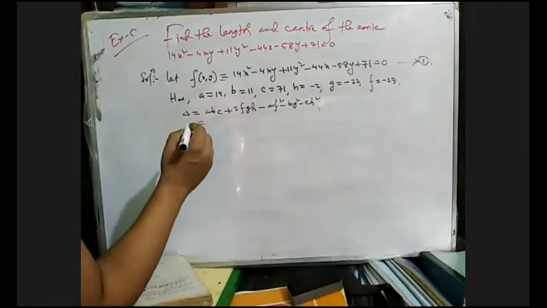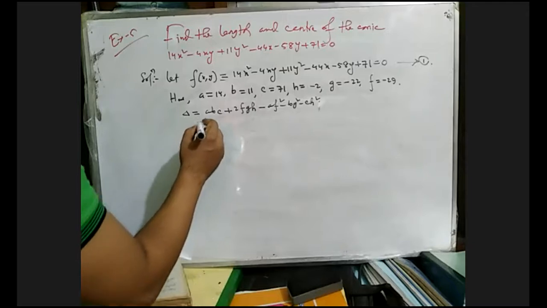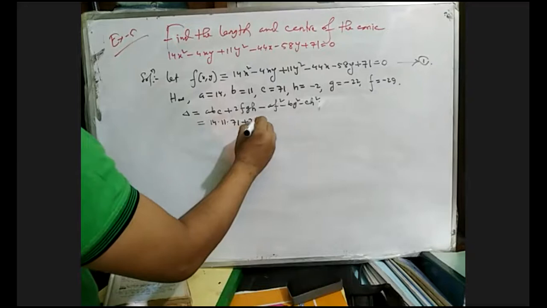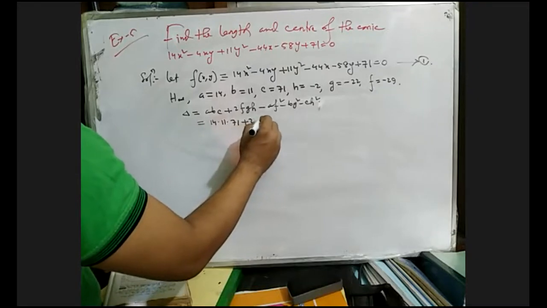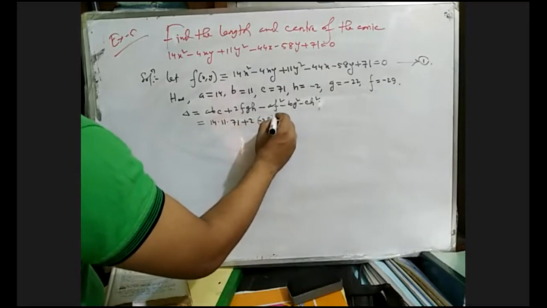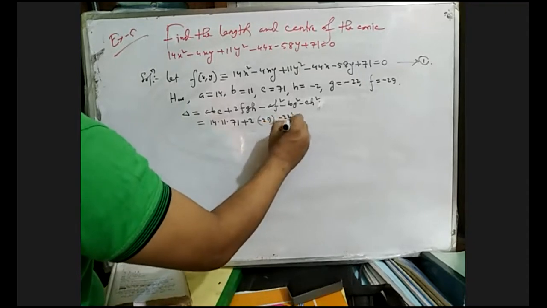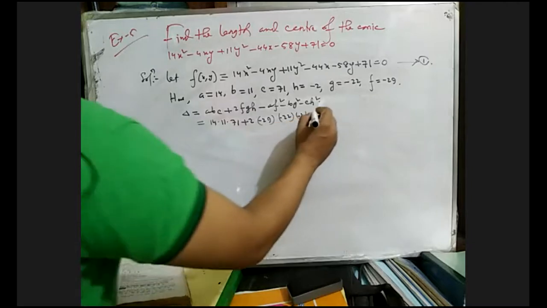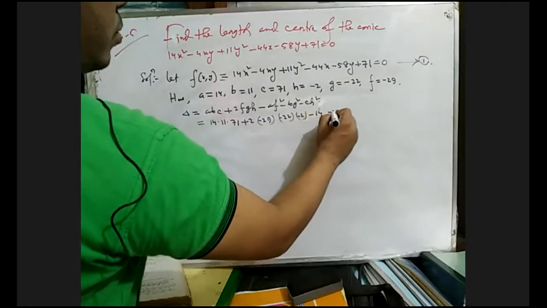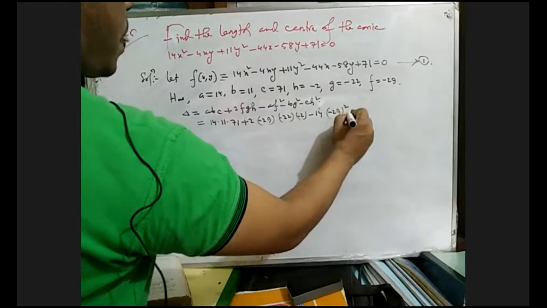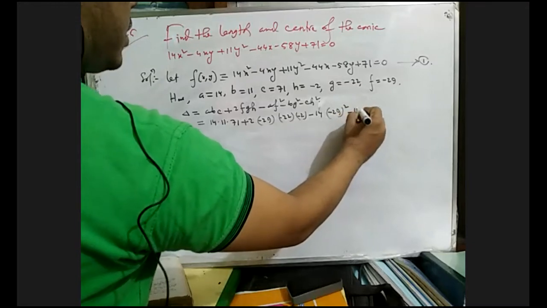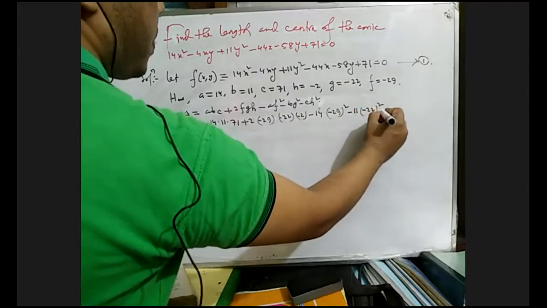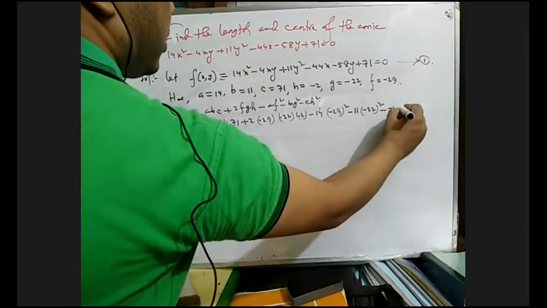Just putting the values, we get 14 into 11 into 71 plus 2 into f value minus 29, g value minus 22, h value minus 2, minus a f square 14 into minus 29 whole square minus 11 into minus 22 whole square minus 71 into h square.